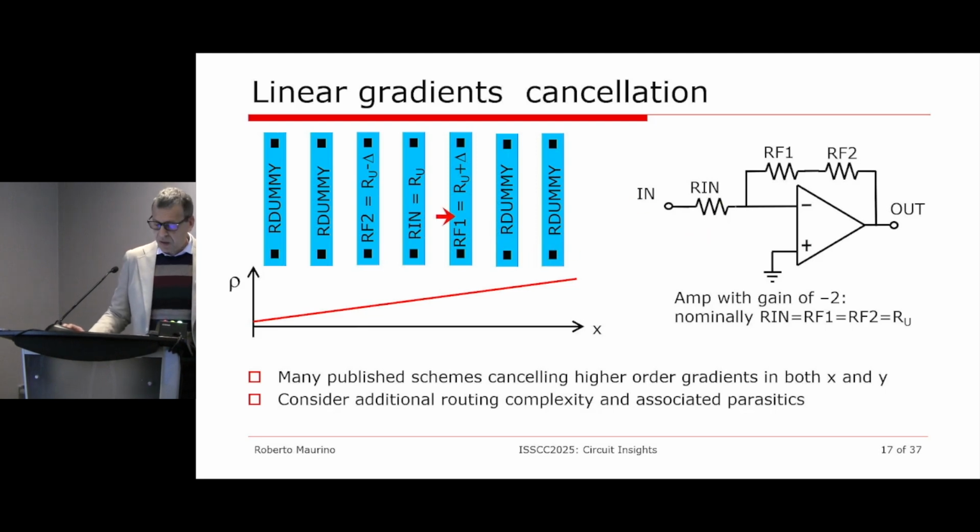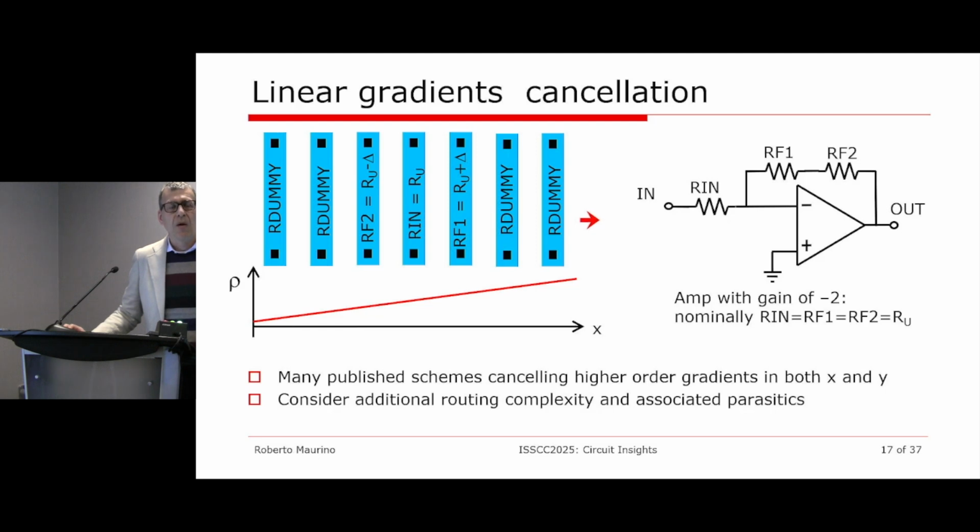So if you make the feedback resistor by splitting it in two, and you place the feedback resistor around the input resistor, you'll find that this gradient cancels, right?